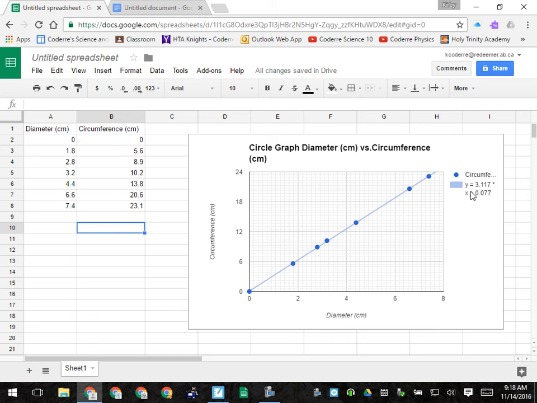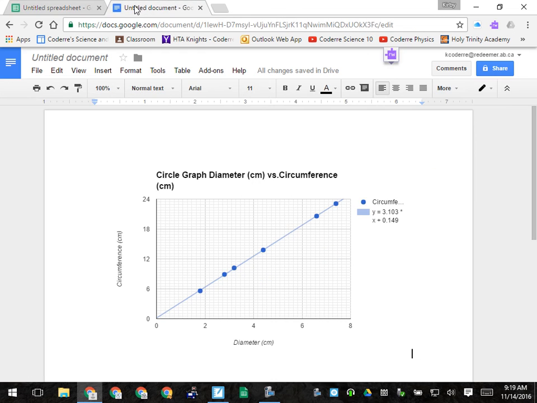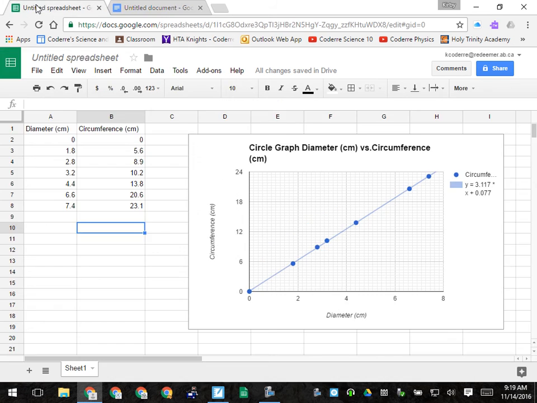It changed my slope from 3.10 something to 3.117 now, getting a little closer to pi. Let's see if it changes it over here. Update. Done. So you wouldn't have to do much more than click the update button when it appears, if that ever happens to you. It's a nice little feature that they put in this year.